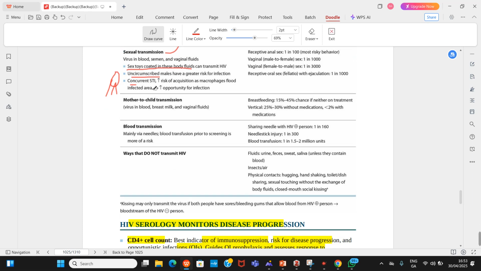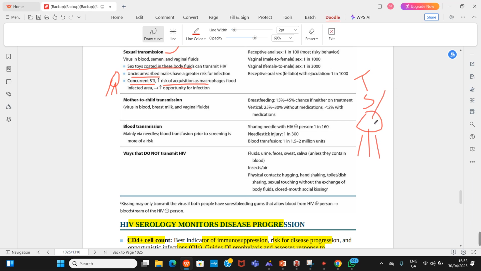People with concurrent STI too have a very high risk of getting it, because the macrophages flood the infected area. So if somebody has trichomoniasis or syphilis, that person's genital area has a lot of macrophages already infiltrating that area. And don't forget, what HIV uses to gain entry is to bind to macrophages.